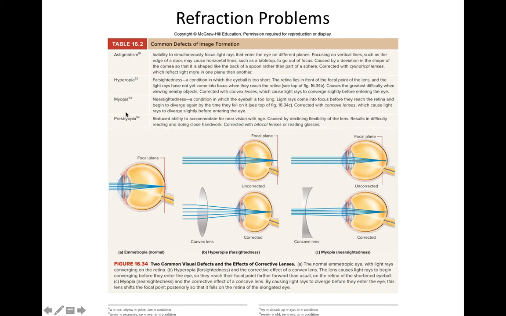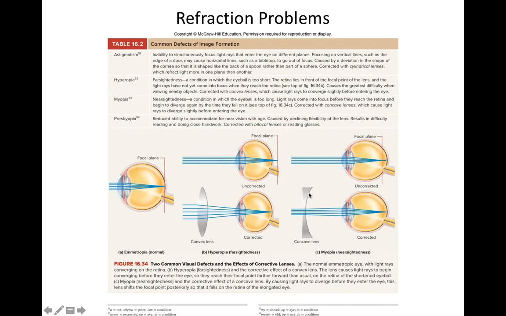The opposite is myopia, or nearsightedness, where you can see near, but you cannot see far away. This is because the eyeball is too long. So the focal plane is right here. And so light comes in, it pinpoints right here, and then the thing is the light just keeps going. And so it's gonna diverge back out, which is gonna cause multiple points of focus on the retina.